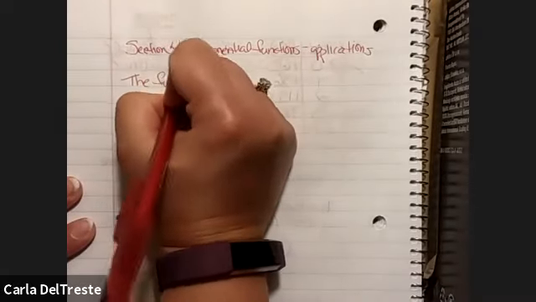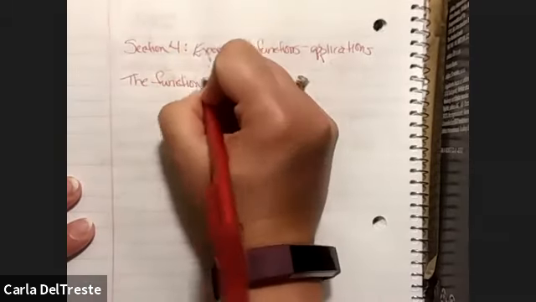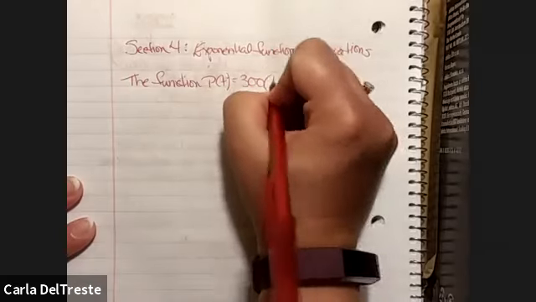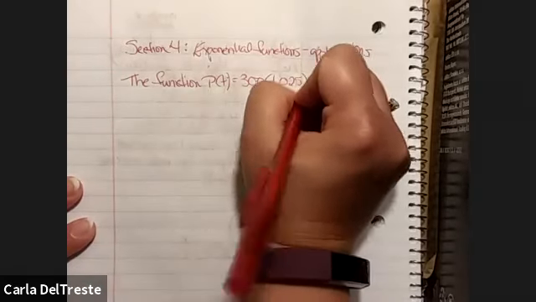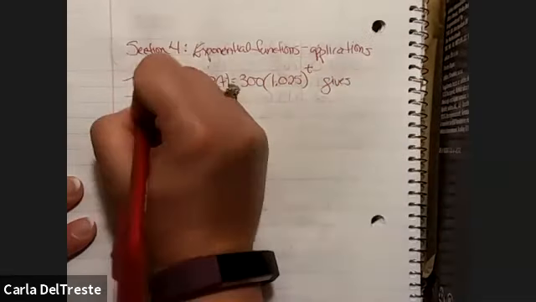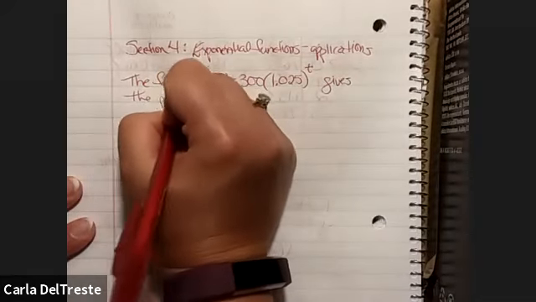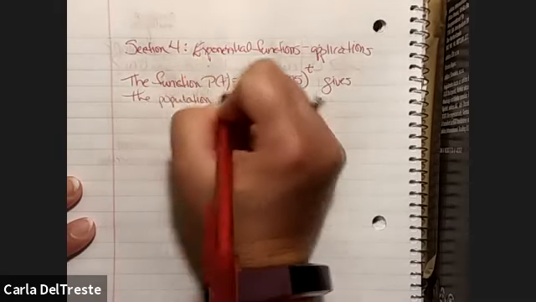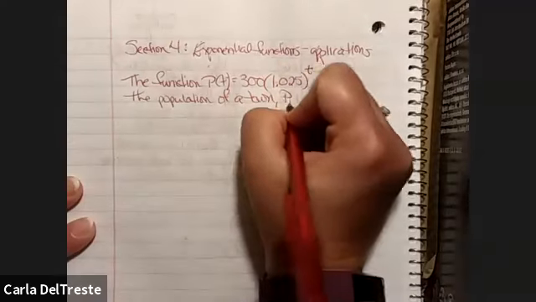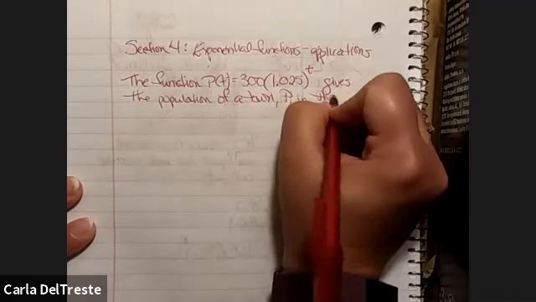The function P of t equals 300 times 1.025 to the t gives the population of a town, P, in thousands of people.